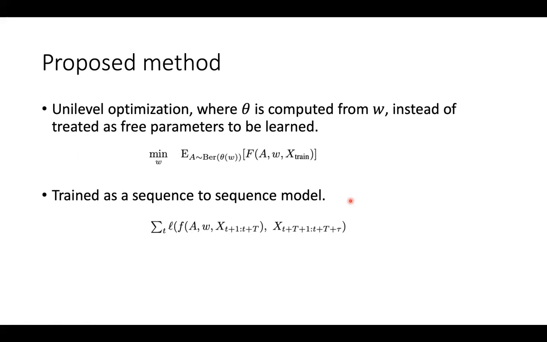But now, since we have node features at different time steps, we use a sequence of node features to first infer what the graph structure looks like, and then make predictions in the following timestamps. So the training loss views this model as a sequence to sequence model, where the model F tries to make predictions on the node features from timestamp t plus 1 to t plus capital T, and the error is the difference between the predicted value and the ground truth value.